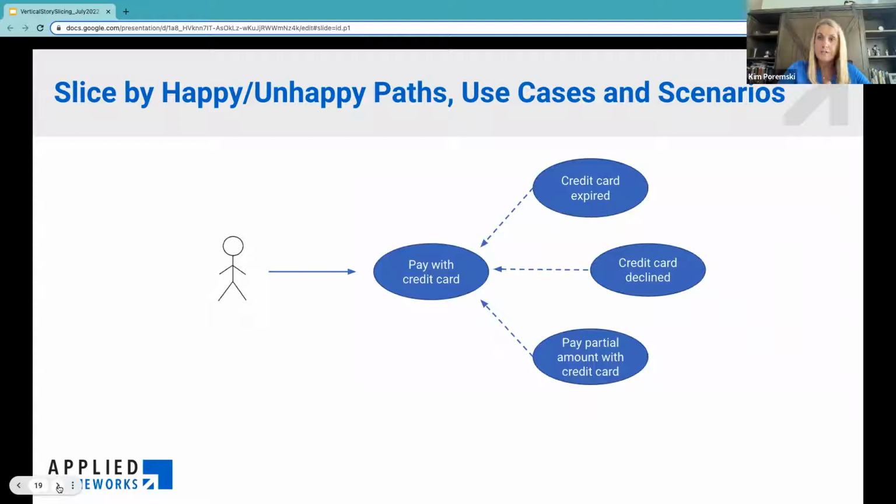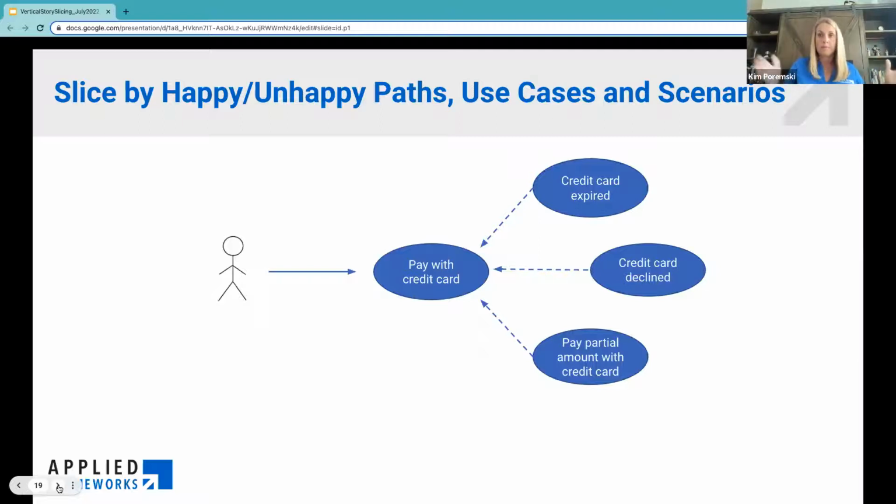There's a pattern of happy or unhappy path, use cases and scenarios. It's kind of like a multiple thing. So let's say I'm paying with a credit card on Amazon and my card is expired or declined. Well, that's an unhappy path. So I could start off by saying, we are going to build out this functionality to pay with a credit card. And from a testing perspective, we are going to assume that it always works.